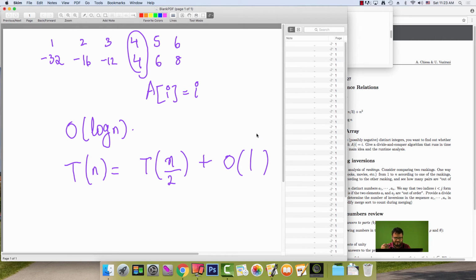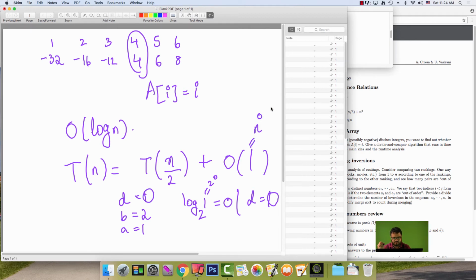What does this sort of look like? It's hard to tell that this would result in log n, so let's take a look. A is 1, b is 2, and d is 0. So let's take a look at what log base 2 of 1 is. It's actually 0 because 1 is 2 to the power 0. And d is 0, because this is also n to the power 0.